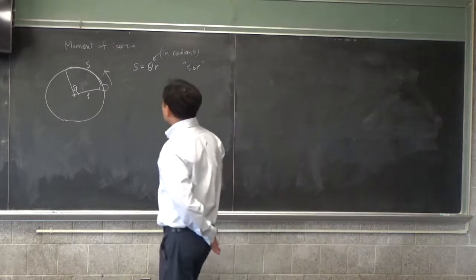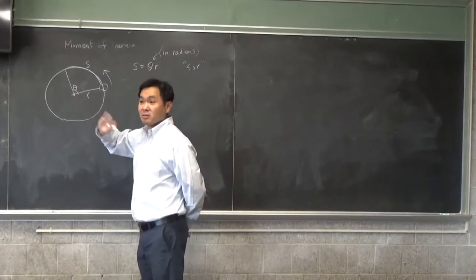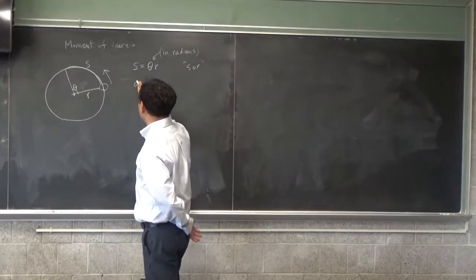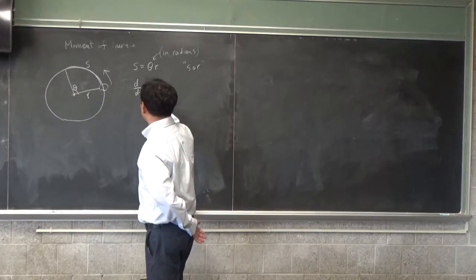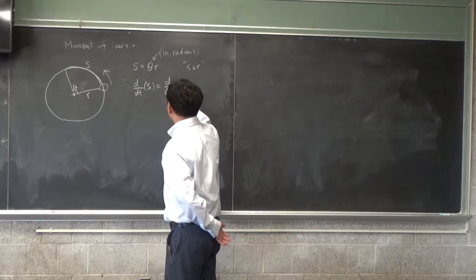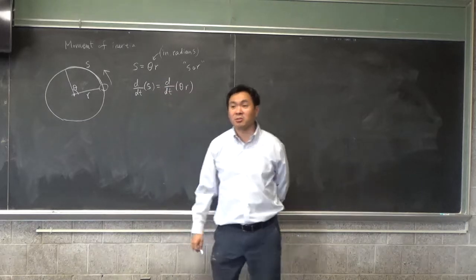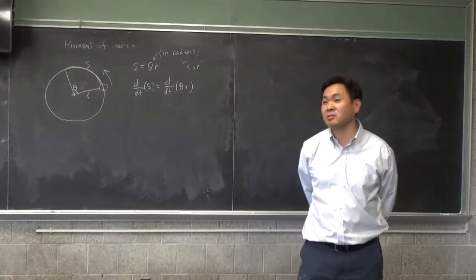Now, what's the rate of change of the distance? If you differentiate both sides with respect to t, what's the rate of change of the distance? What is that called?